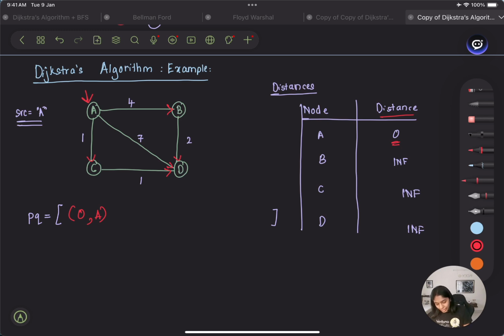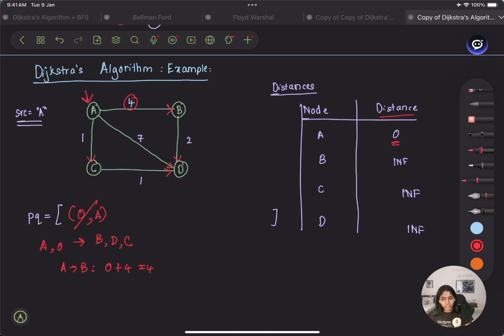Then I pop this out. I have A, which was at a distance of 0, and I look at the neighbors of A. So I have B, I have D, and I have C. Now I look at A to B. It took me 0 from A, and to B it's 4, so 0 plus 4 gives me a value of 4.